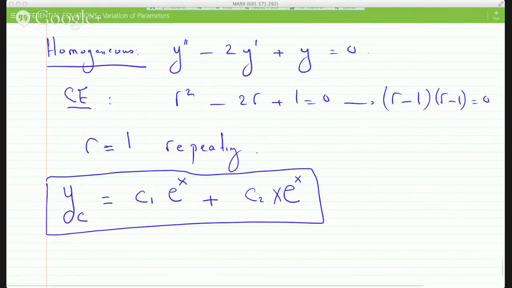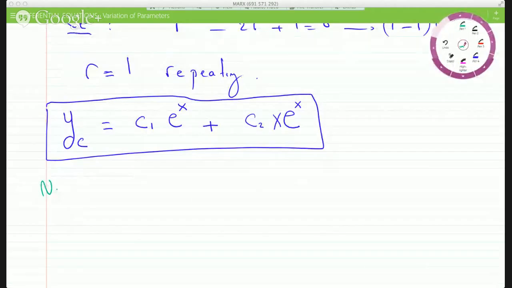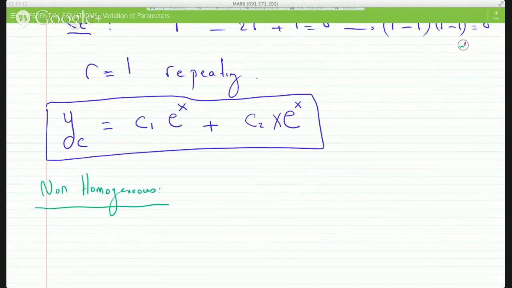Okay, now we go to the non-homogeneous. Now with the variation of parameters, I did one problem where I showed you the complete derivation of the entire process, but on a test situation, you don't have time for all that. You should just go directly to the formulas and figure out the u1 and the u2.